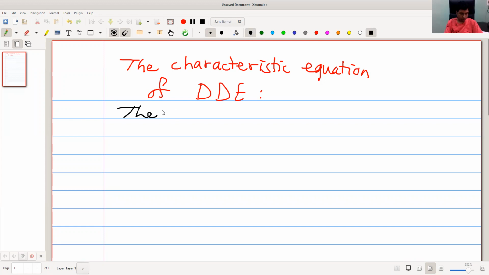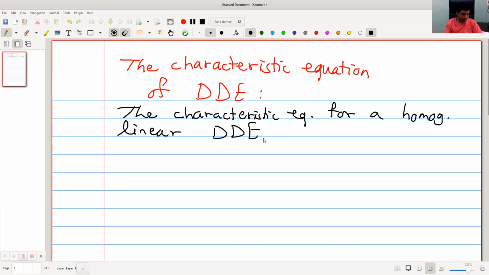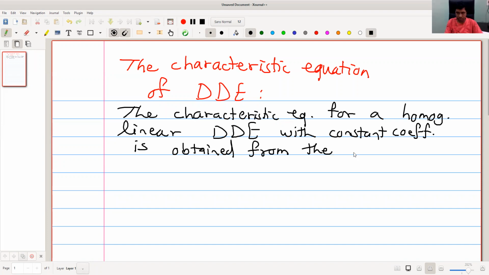The characteristic equation for a homogeneous linear delay differential equation with constant coefficients is obtained from the equation by looking for non-trivial solutions of the form.